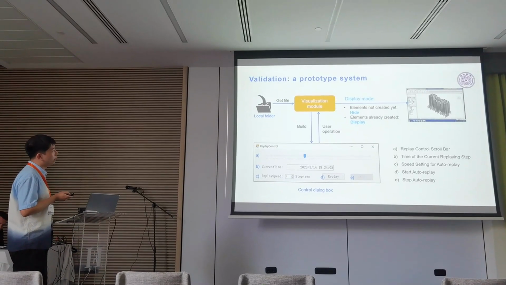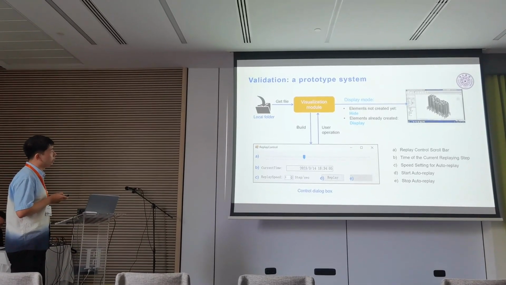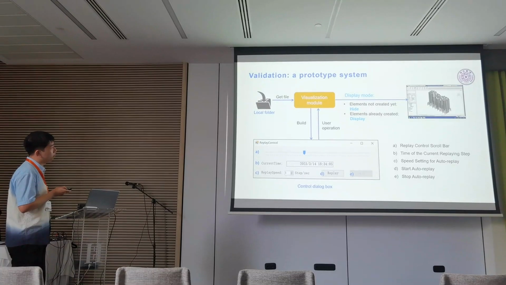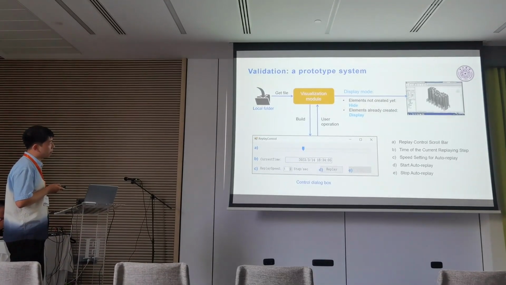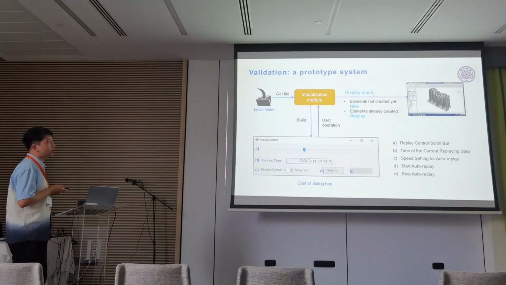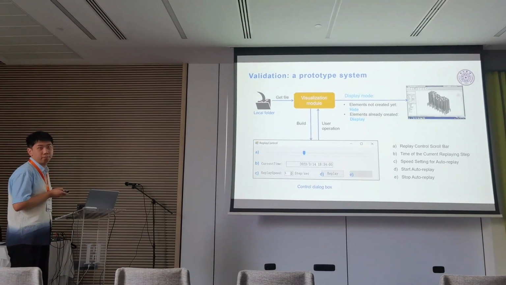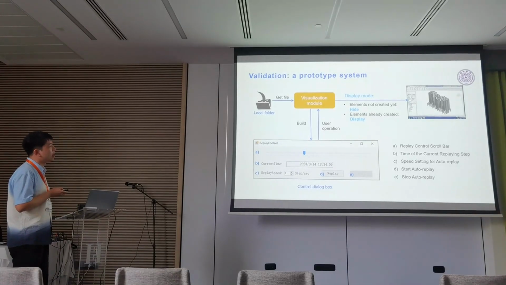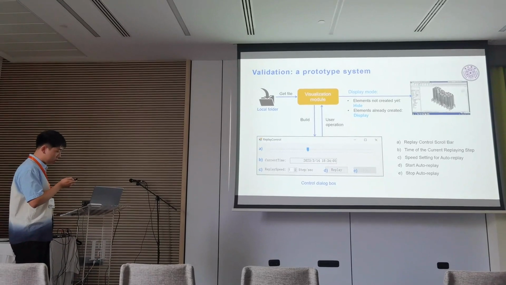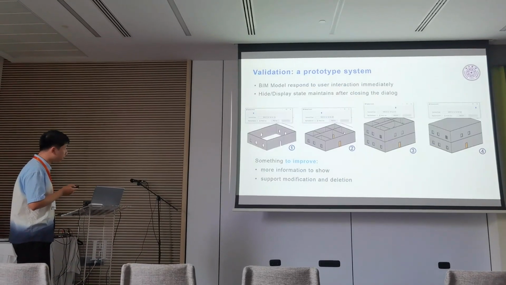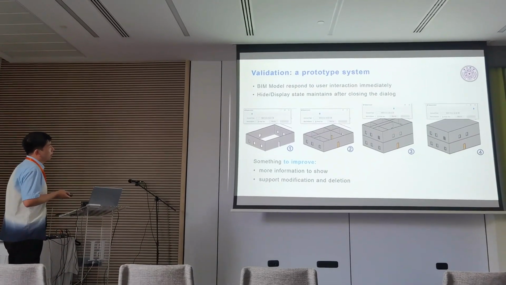As for the way to visualize it, we utilize the display mode here. For example, for this point in time, every element that is not created yet will be hidden in this model, and every element that has already been created will be displayed. So the effect looks like this.